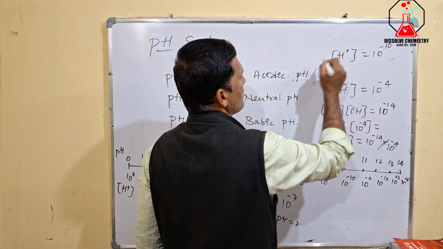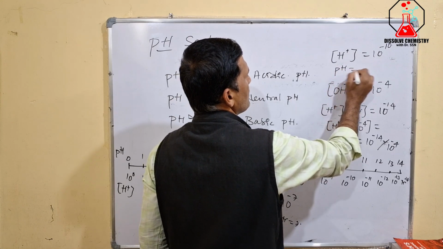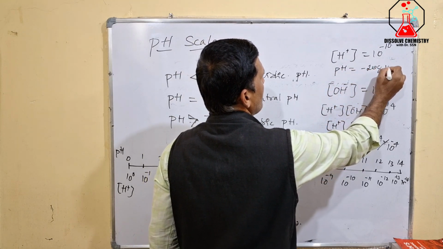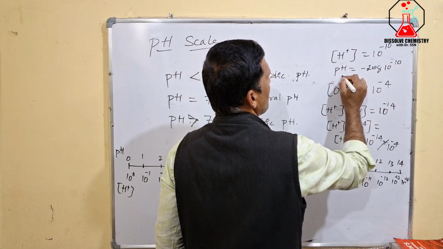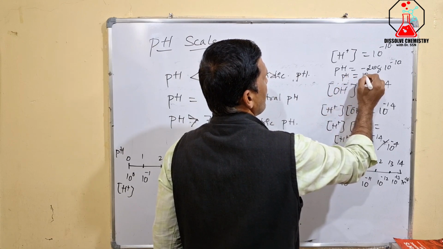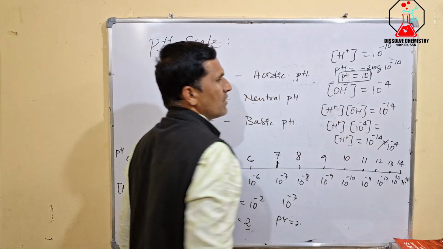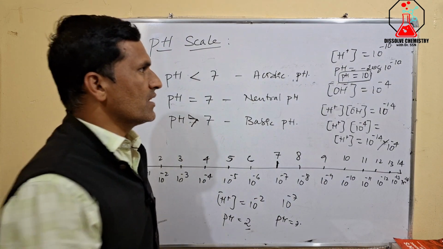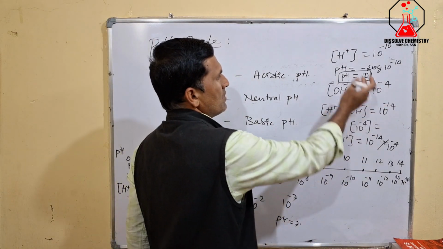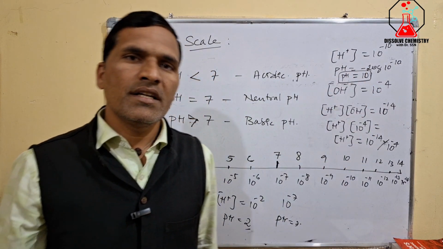So your pH will be how much? pH is equal to minus log of 10 to the power minus 10, which turns out to be 10. So when the concentration of the OH minus ion is 10 to the power minus 4, the pH of the solution is 10.